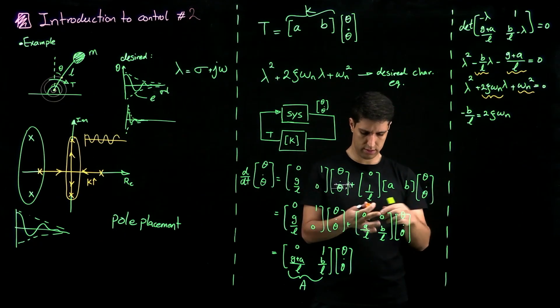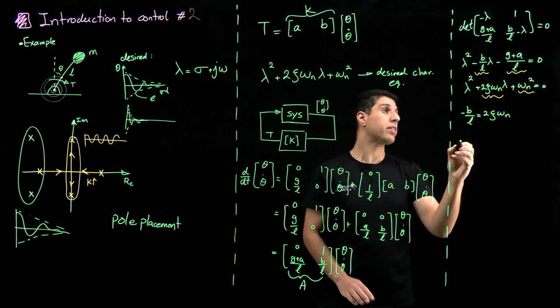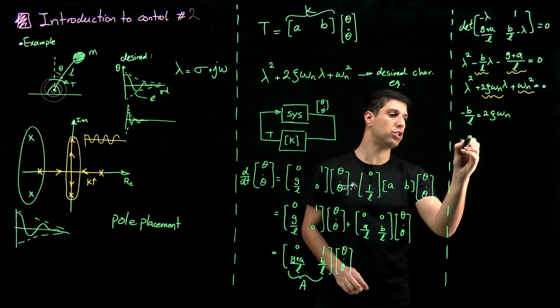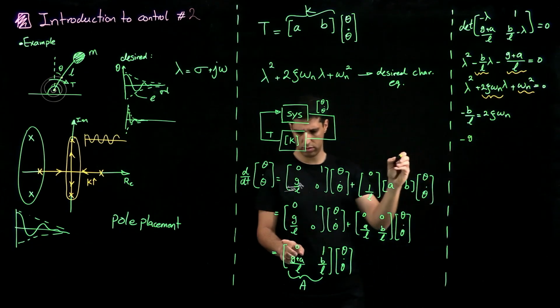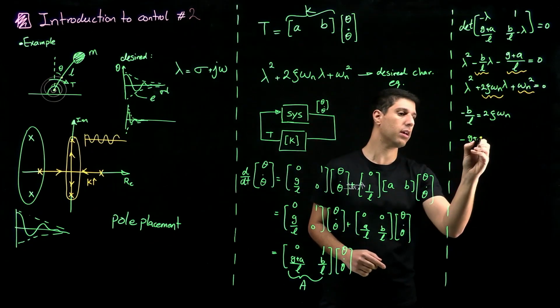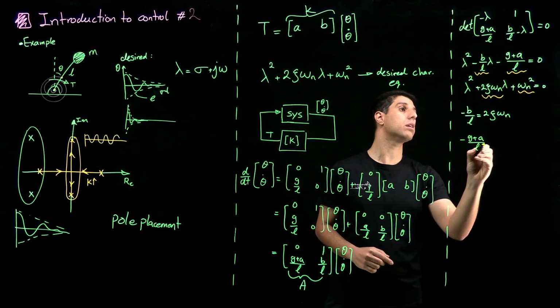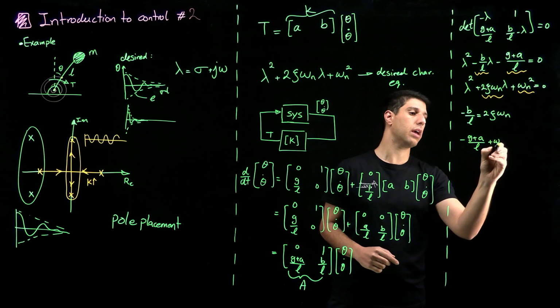What happened? Minus G plus A over L equals minus omega n squared.